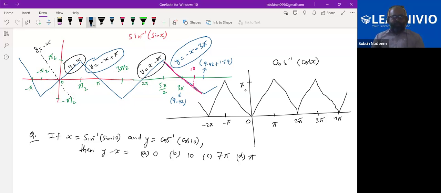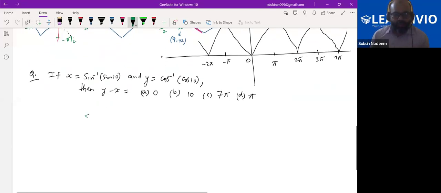So these are all graphs, and they are not quite simple questions, but you have to know every angle of the graph. So if I finally want to know sine inverse sine 10, which is in the question, then x is equal to sine inverse sine 10.